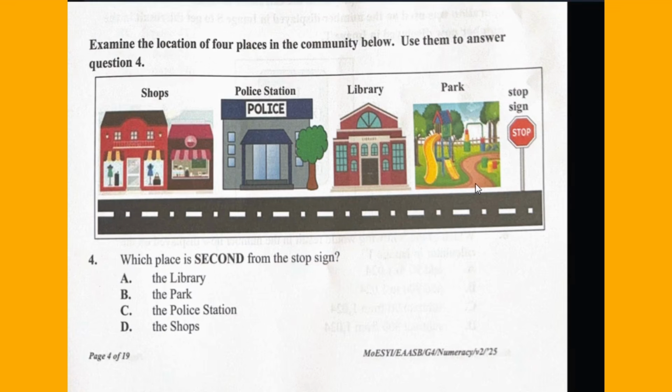Now we're going to put a marker at the stop sign and then we're going to count from the stop sign. So the park is first from the stop sign and then there is the library in second place from the stop sign. So we're going to choose option A for question 4.